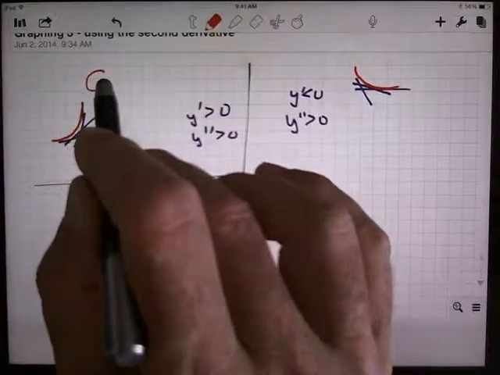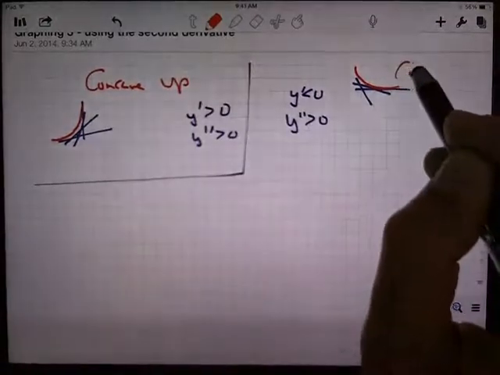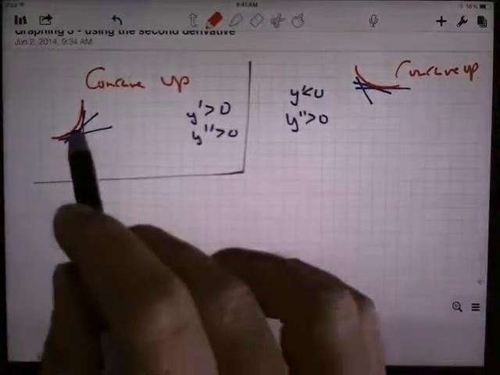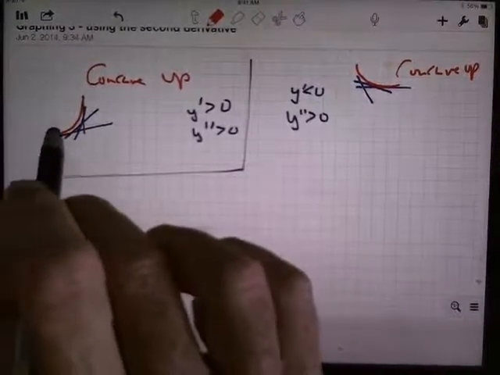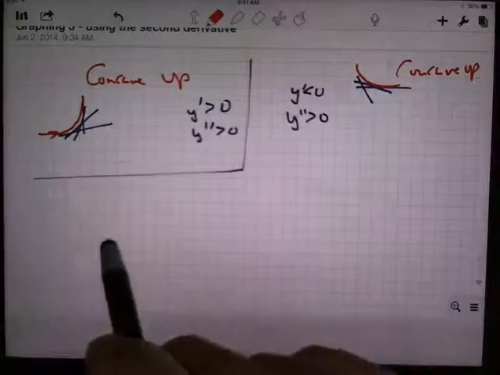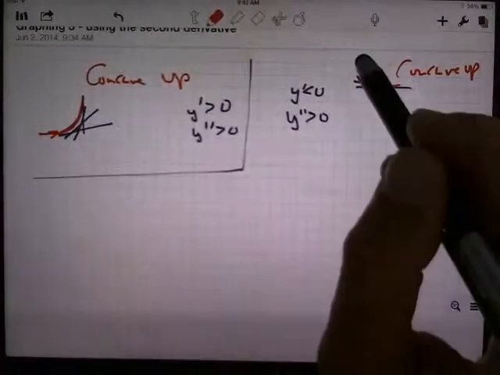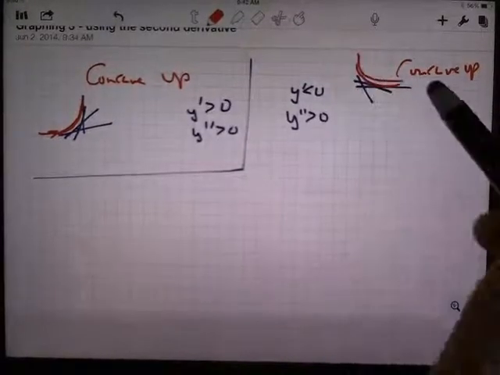This is what's called concave up. In both cases it's bending upward. If I was driving my car along this road, traveling from left to right, I would have my wheel turned to the left, right? I'm bending to the left. Likewise here, moving from left to right, I am bending left.